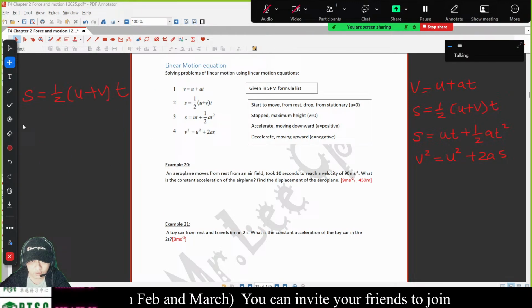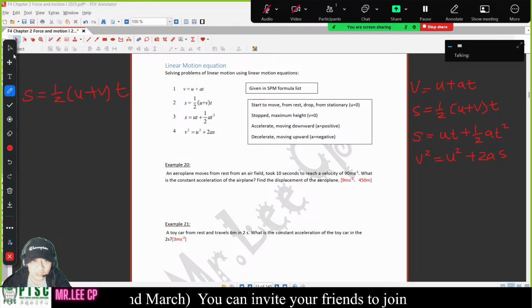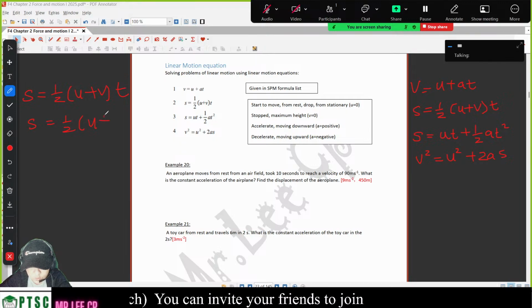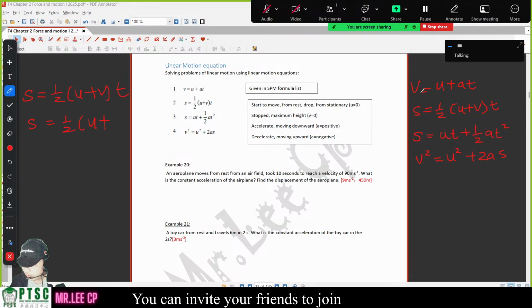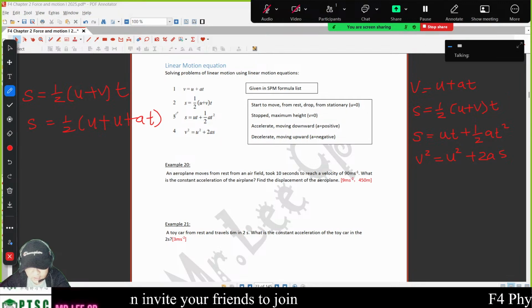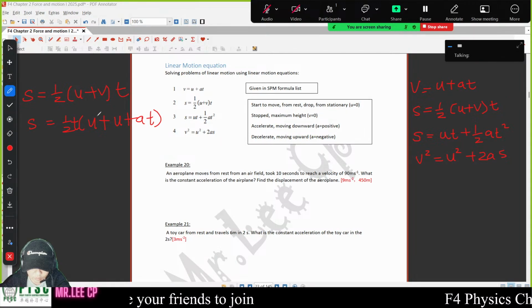How does the third formula come from? For the third formula, you substitute V into here. S is equal to half times (U plus V). What is V? U plus AT, times T. I write the T here because it is easier, as I want to multiply it in later.